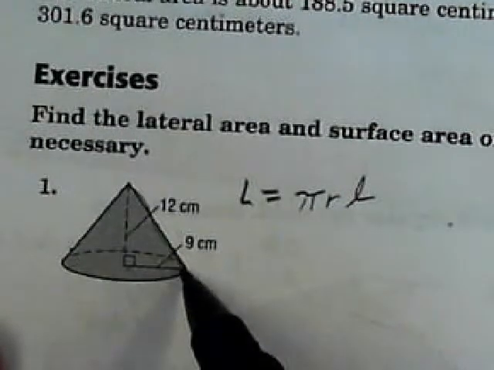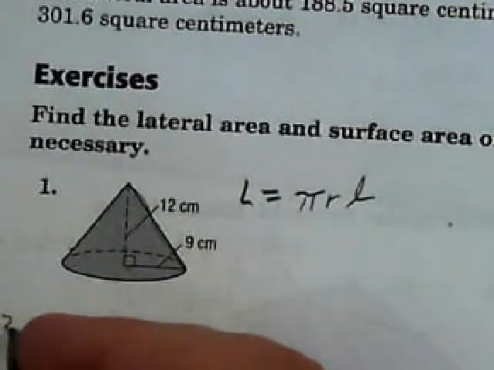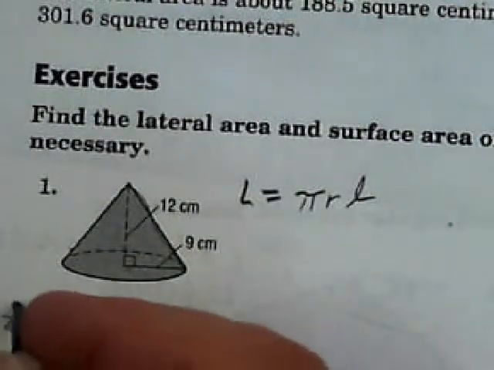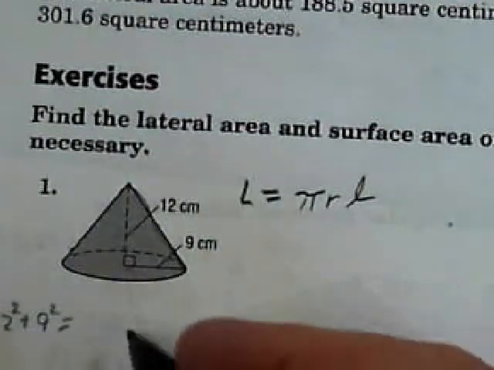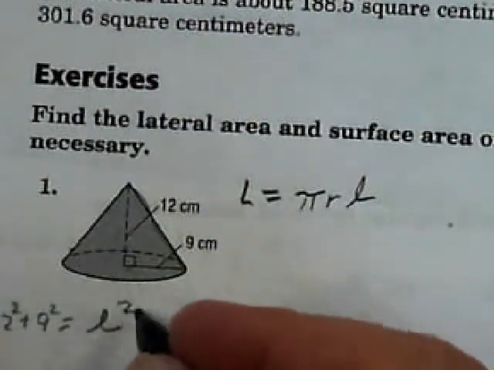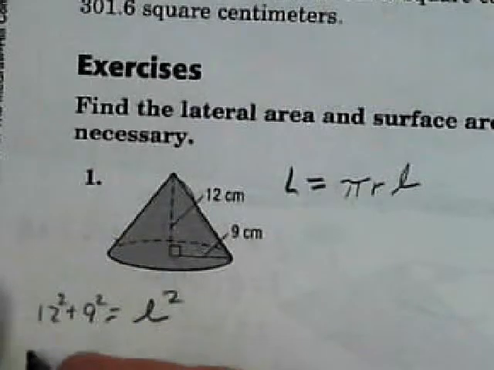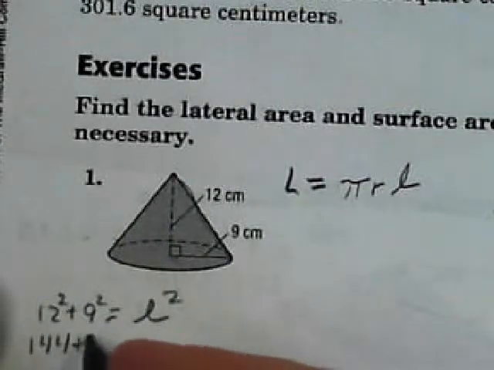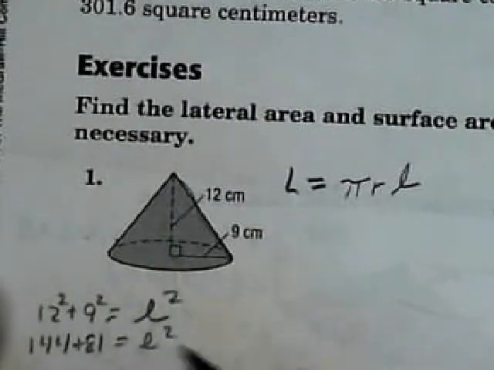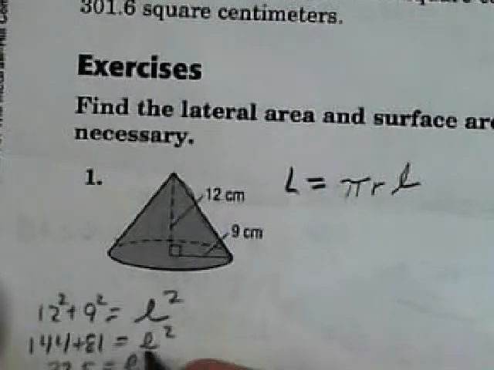It's the hypotenuse of that triangle, isn't it? So 12 squared plus 9 squared equals the slant height squared. 144 plus 81 equals L squared, so 225 equals L squared, and 15 equals L.